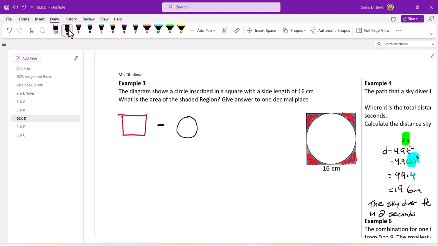Now you can do this all in one line, but you can do it in multiple steps as well. So let's go area of square. The formula from the front side of the page is length squared, or length times length if you want to stick with the grade 8 way. How big is the length?